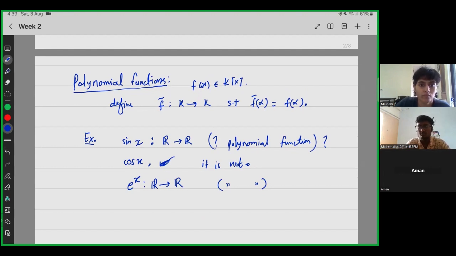It is a non-constant polynomial, so it would have roots, but it has no roots. So this is not a polynomial.